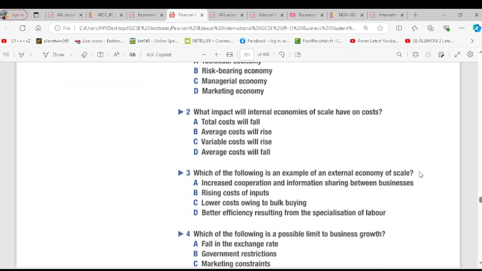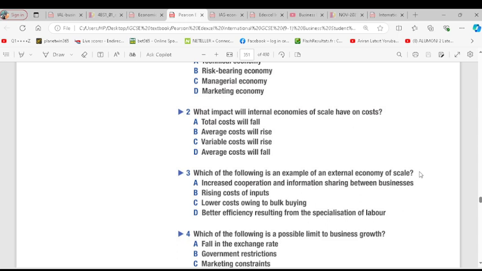Question 2, please. Number 2. What impact will internal economies of scale have on costs? A. Total cost will fall. B. Average costs will rise. C. Variable cost will rise. D. Average cost will fall.